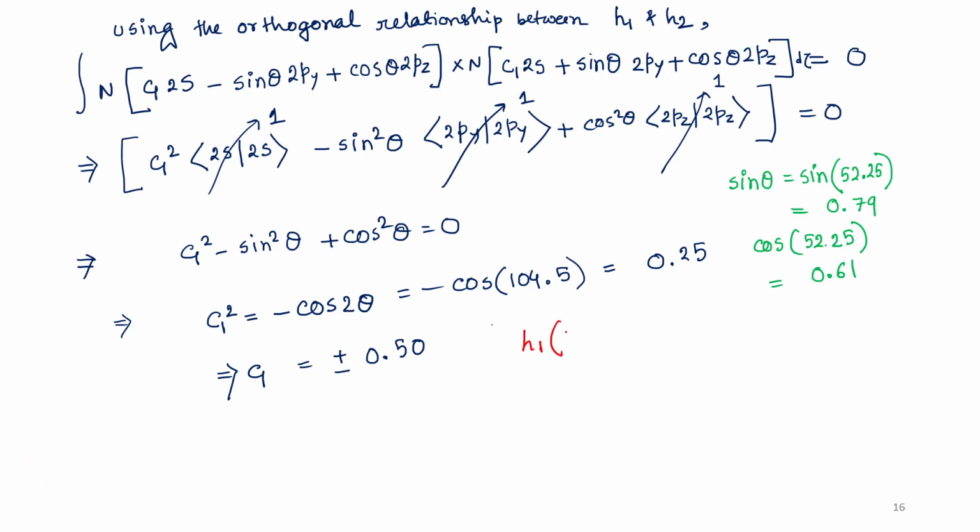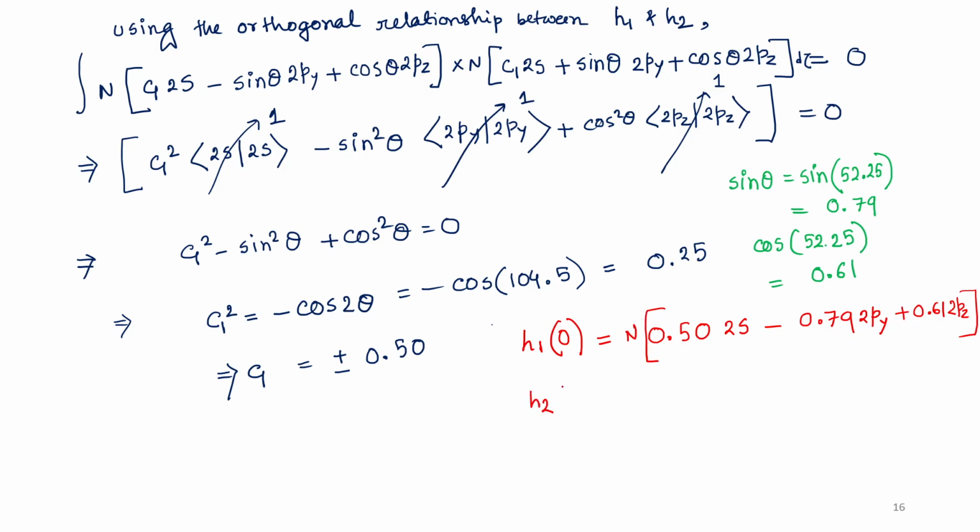Your H1 on oxygen is, let me take the plus, 0.50 psi 1, sorry, 2s, minus sine theta, 0.79 2py, plus 0.61 2pz. But don't forget the n is still there.